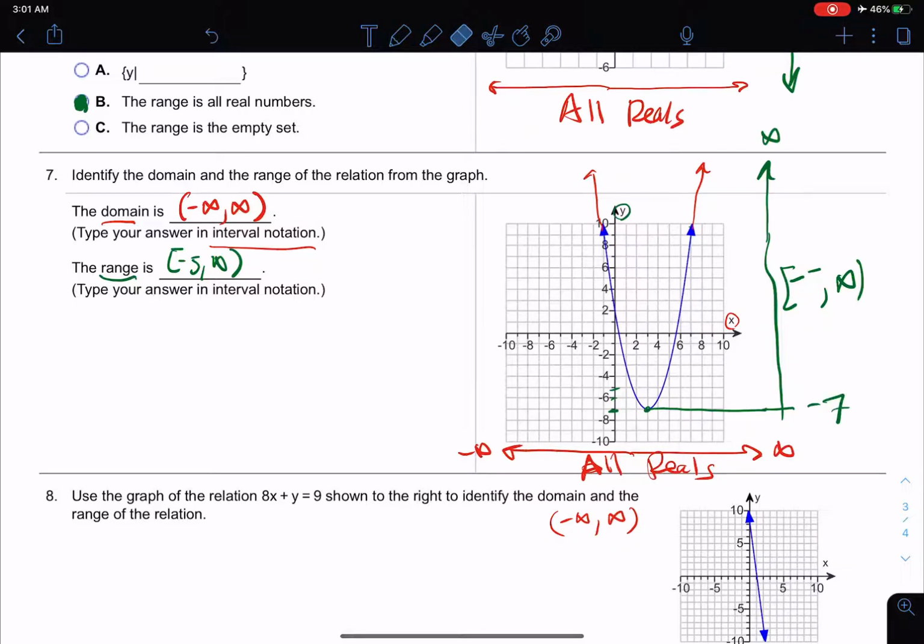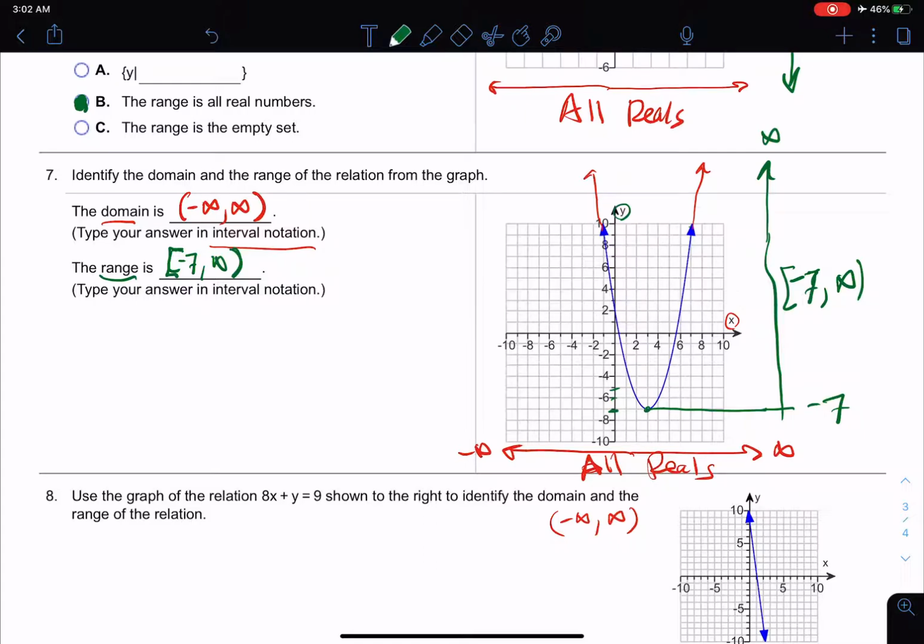So the interval notation goes from -7 up to infinity, and it's closed. Once you click on that fill-in box, it'll show you an extended keypad that has infinity on it. You can use that there. I don't think it has brackets, so you're going to use the bracket and the parenthesis on your keyboard.